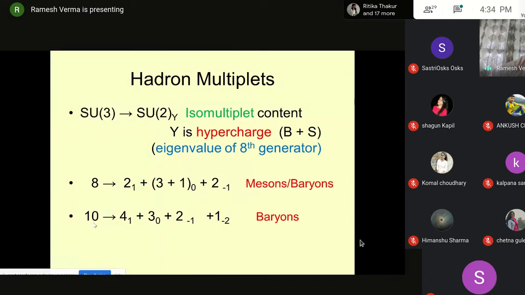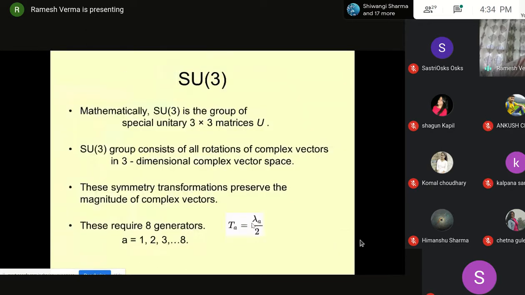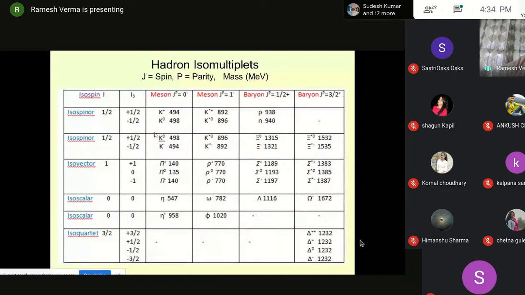In the same way, the decuplet multiplet of SU3 contains a quartet, an isovector, an isodoublet, and an isosinglet with hypercharge eigenvalues 1, 0, -1 and -2. Remember this and see how this matches very well when I go to this.